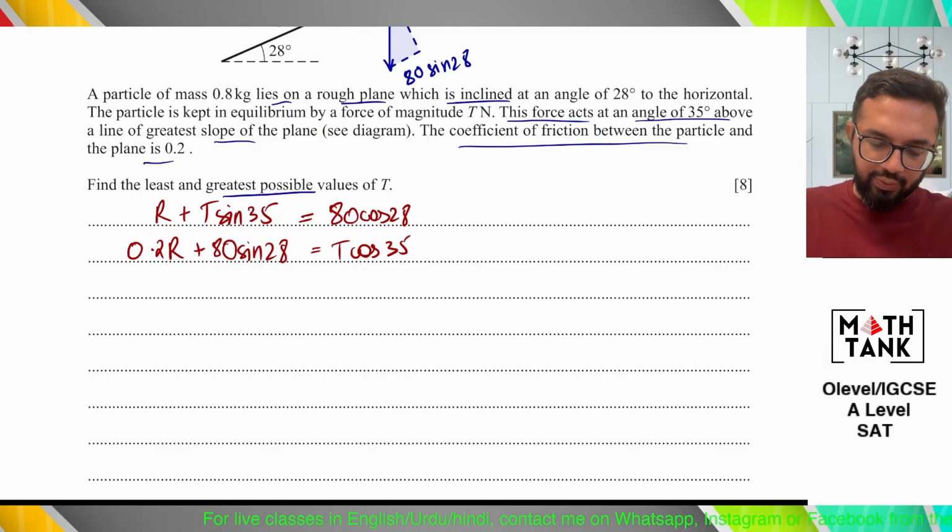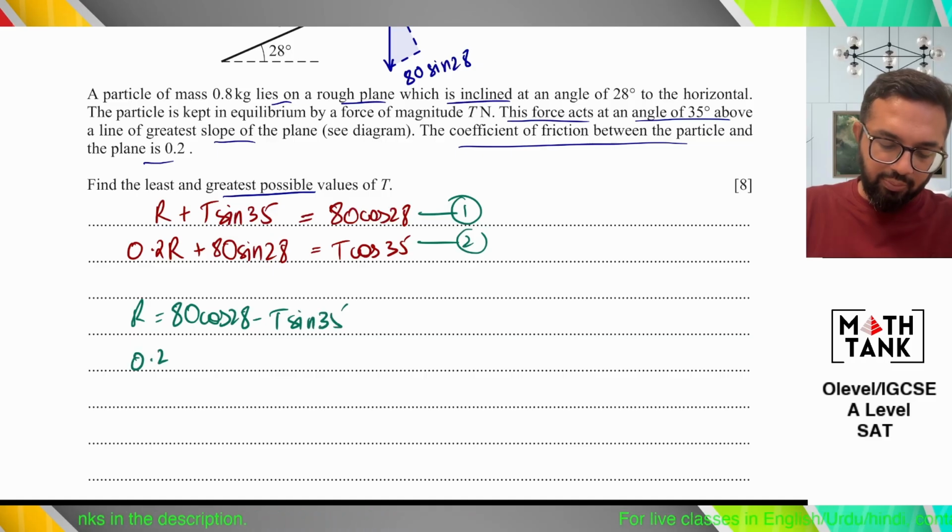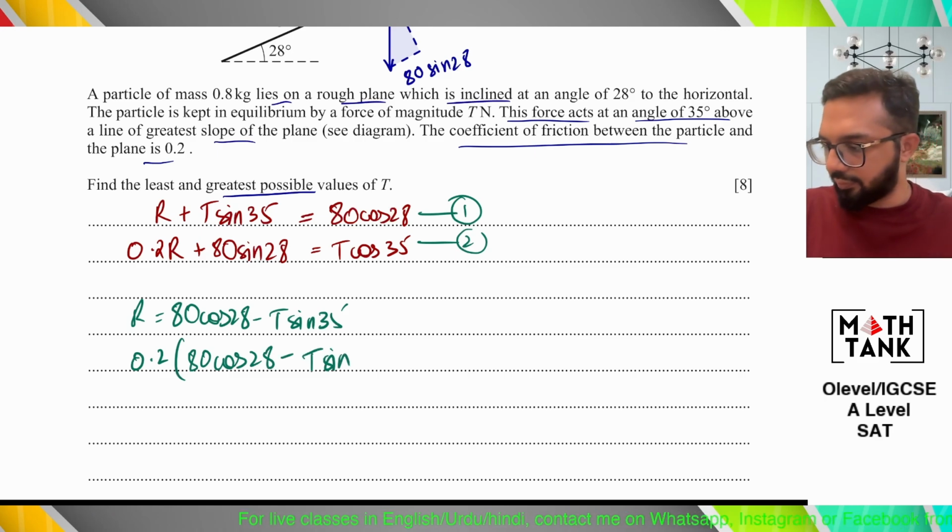I will have to solve these simultaneously, so I'm going to substitute r from the first equation and put it into the second equation. Okay, so r is basically 80 cos 28 minus t sine 35 from the first equation, that multiplied with 0.2. Yes, there are two scenarios.